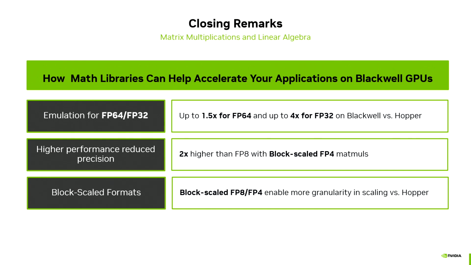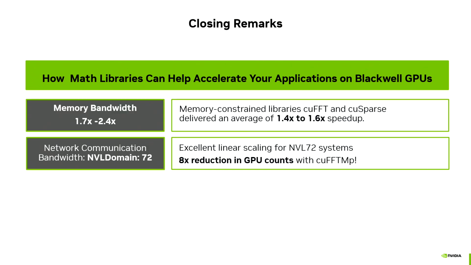In terms of applications that require high precision, FP64, FP32, we have shown consistently through our libraries that with emulation, we can deliver significant speedup compared to Hopper. For FP32, this can be as high as 4x, and for FP64, about 1.5x. Memory bandwidth: we have a huge memory bandwidth increase in Blackwell, and our libraries for memory bandwidth-bound problems are delivering very close to the nominal ratios.